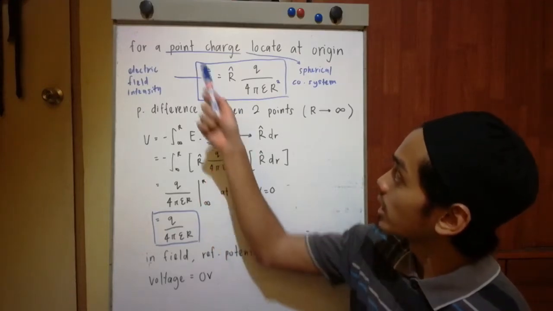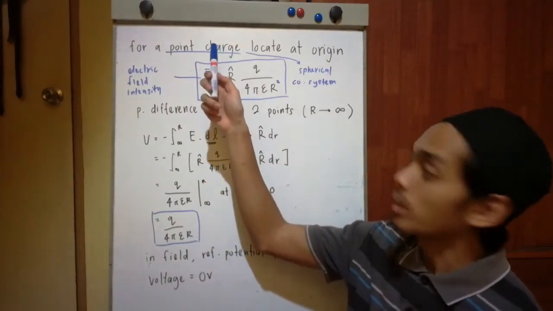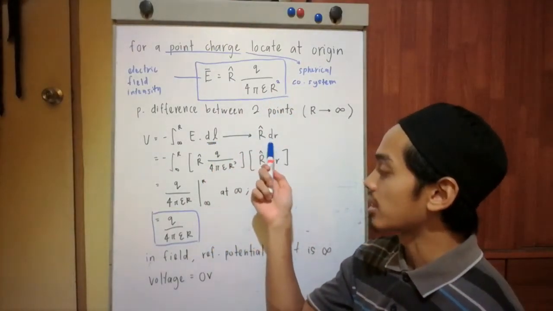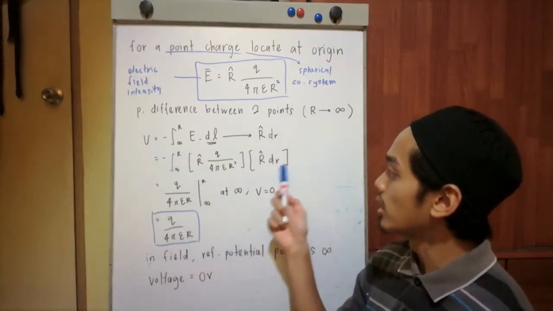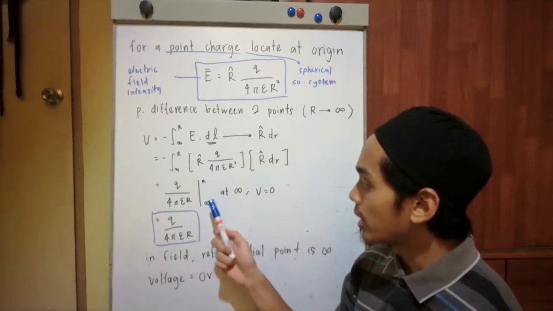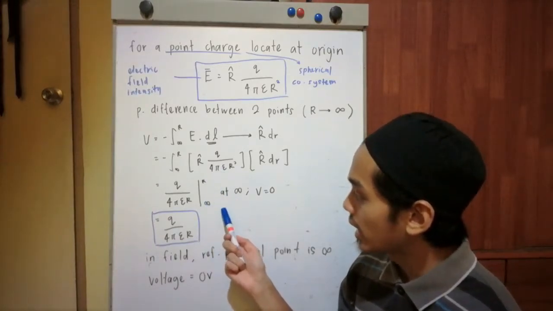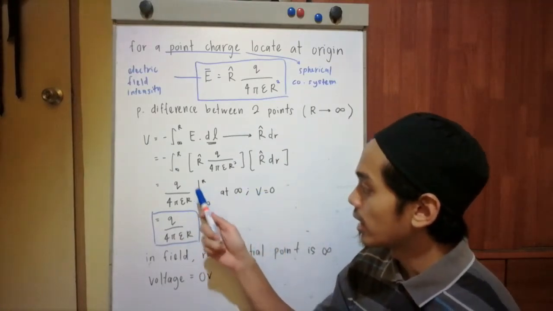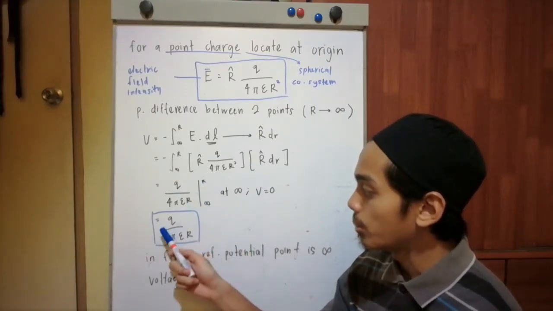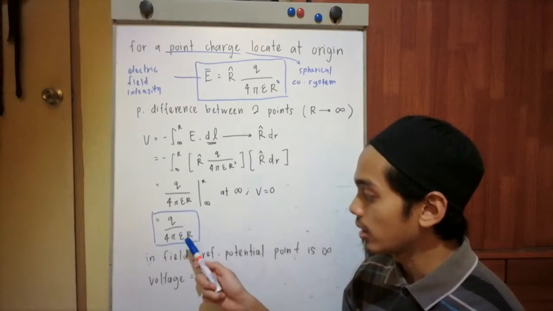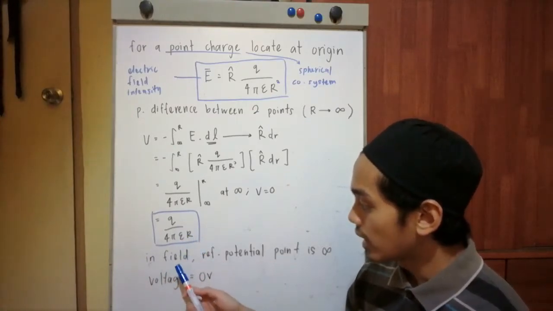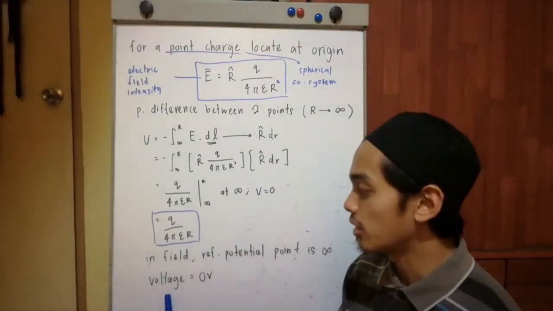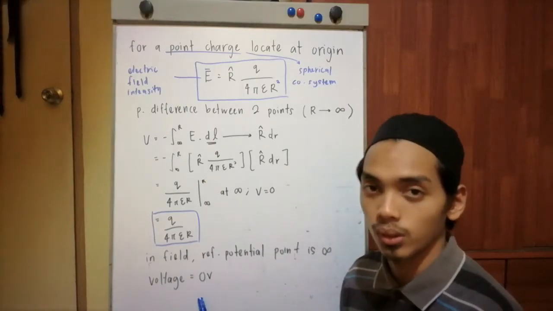Because this is a point charge, we need to use the spherical coordinate system, so our dl will be r cap dr. If we put all of these things here and integrate, at last we will get the voltage at R to be Q over 4 pi epsilon R. In the field, if the reference potential point is at infinity, the voltage will be 0 volt.